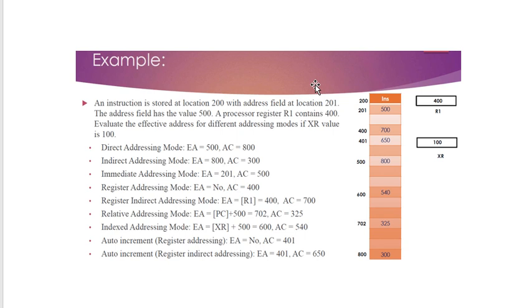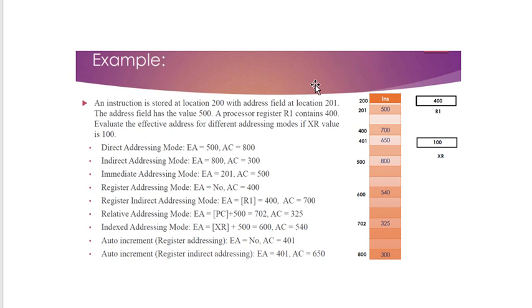What it means is that if maybe the instruction is add 5, the add instruction is stored at location 200 and the operand 5 is stored at location 201. That's what it means, right?